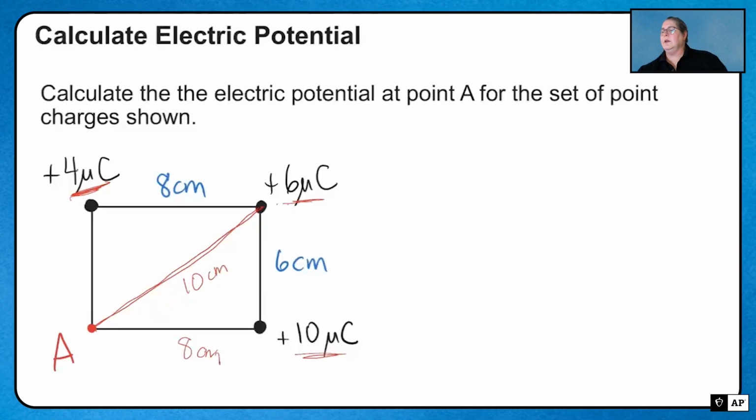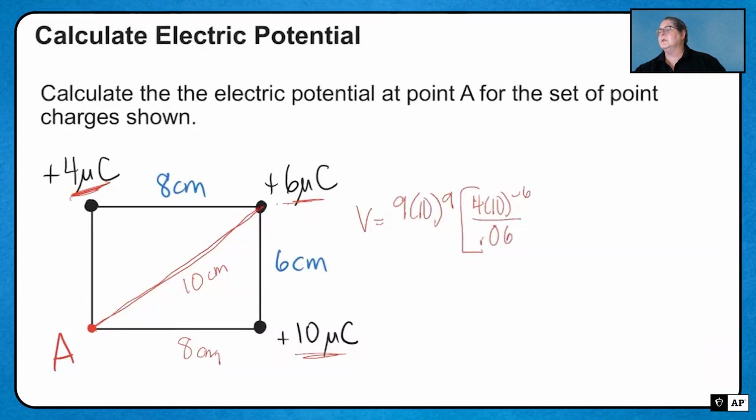Now if I want to calculate the electric potential at point A, I can take out the K, which is 9 times 10 to the 9. And then I need to sum up the potential from each of these three charges. So it's going to be 4 times 10 to the minus 6 divided by how far it is away, which is 0.06, plus 6 times 10 to the minus 6, and that one is 10 centimeters away, so 0.1, plus 10 times 10 to the minus 6 divided by how far it is away, which is 0.08.